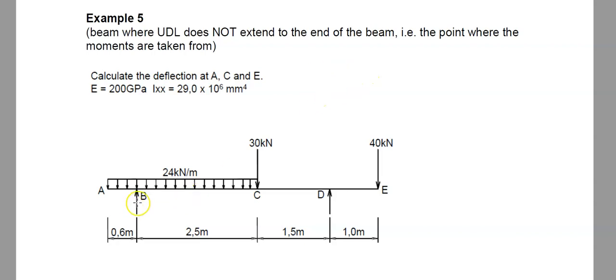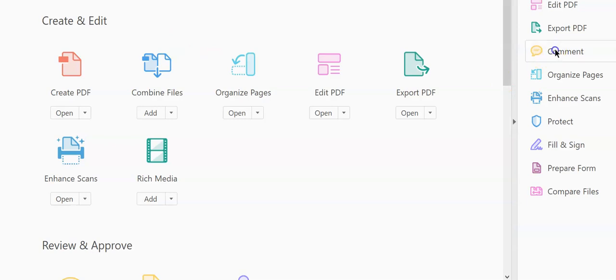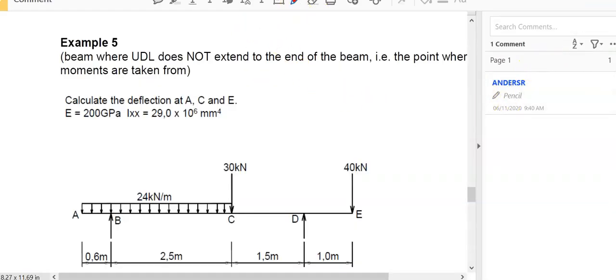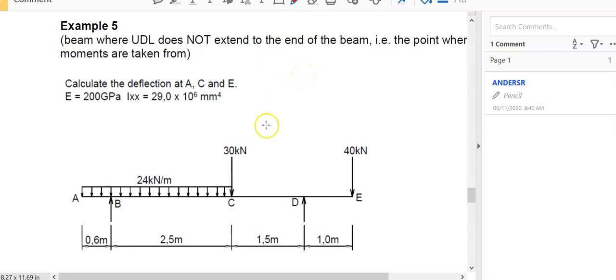Because the beam is bending over B and D, so the deflection at B and D, the supports, is equal to 0. If I could draw the beam in, the beam will be bending something like so.